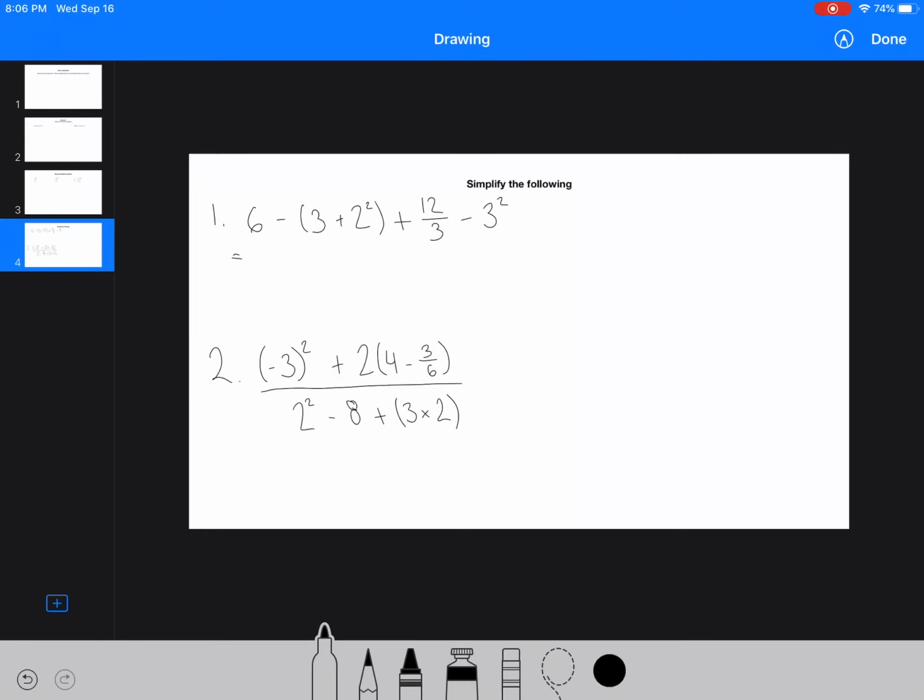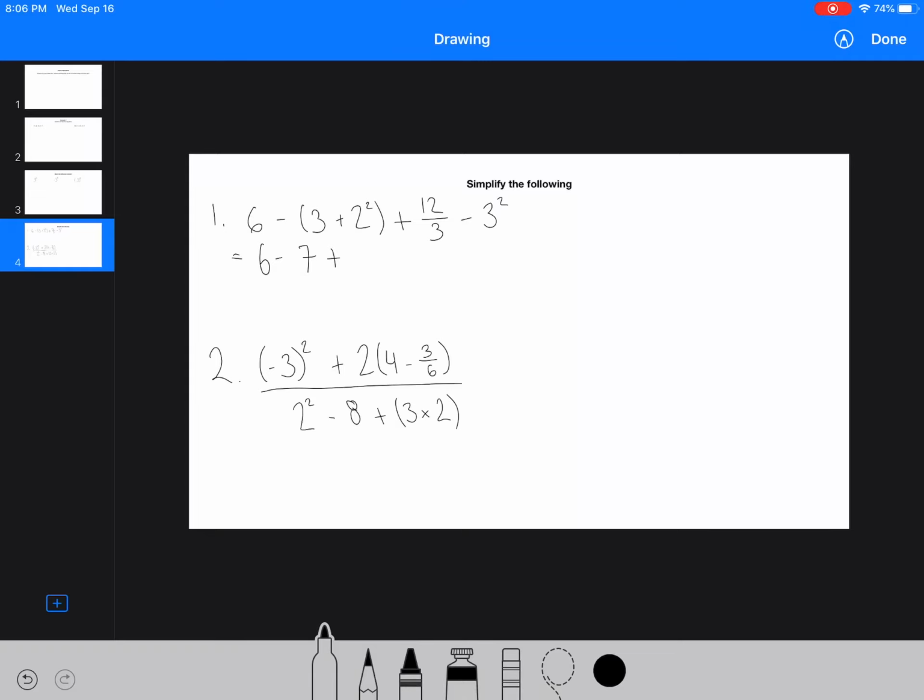So we've got brackets, 3 plus 2 squared. We can do 2 squared as 4 in our head, and then 3 plus 2 squared is actually 3 plus 4, which is 7. Now I can work through a couple of these. Anything that's broken up by a plus or subtraction, I can work through.